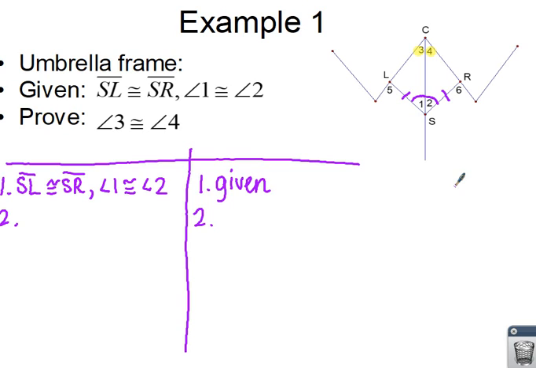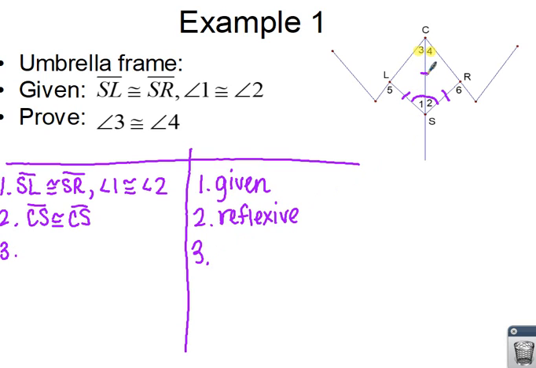So looking at the picture, that means I've got to prove the triangle on the left is congruent to the triangle on the right, which means right now this triangle and that triangle, they have a side and an angle. They need something else, and they have a reflexive down the middle. So we can do a reflexive, CS congruent to CS by reflexive property.